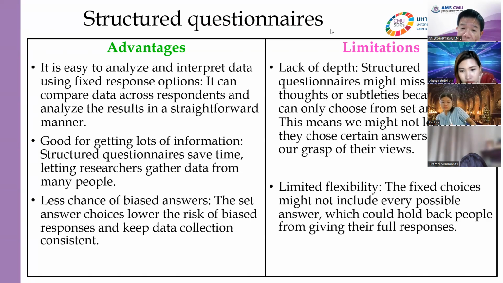The last one is limited flexibility. The fixed choices may not include every possible answer. Sometimes when we receive this questionnaire, we need another answer, but there is only a 5-point Likert scale.